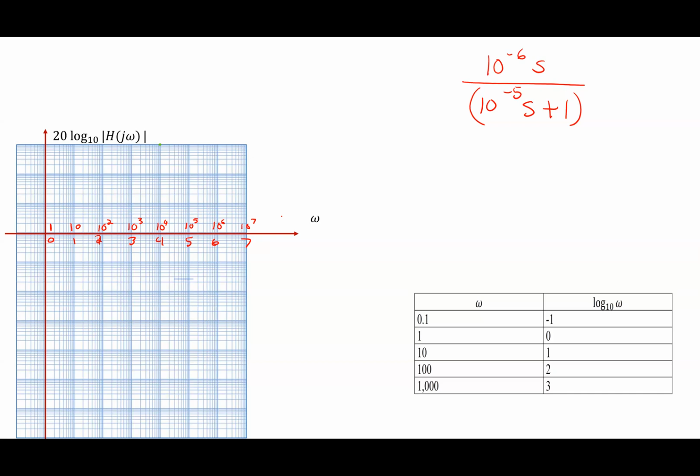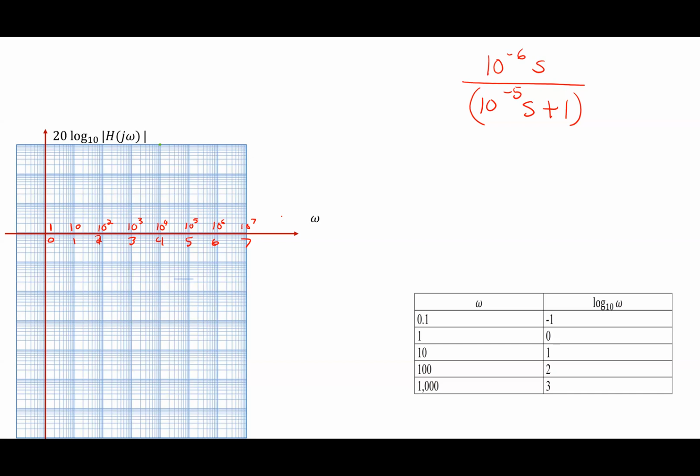What is 10 to the 7th? 10 million. So that would be 10 mega radians per second. Oftentimes we don't draw these graphs on an omega basis. We often draw them on a hertz basis, because we tend to talk in terms of hertz rather than radians per second.